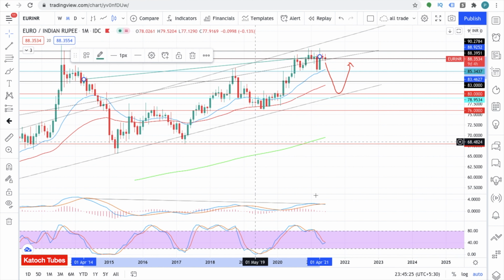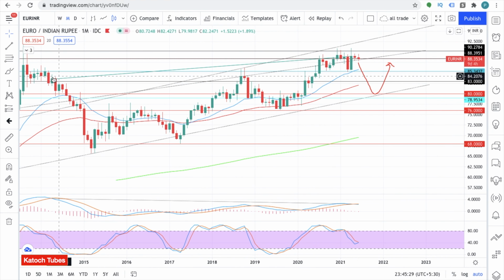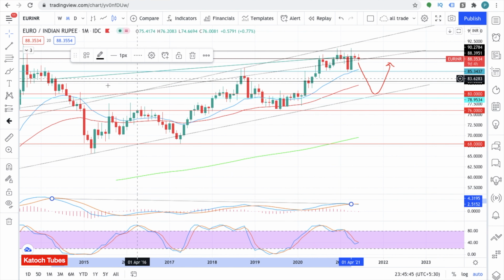If you can clearly see, this MACD is showing a divergence, a difference in the range. If I compare the close here to here, MACD is going down, and the trend line, on the other hand, is going up.